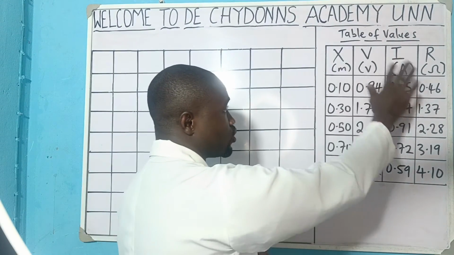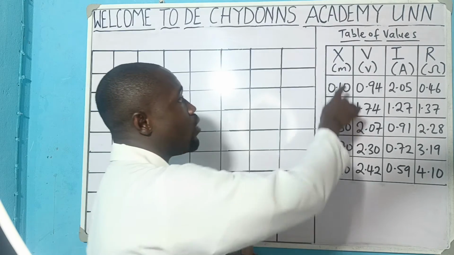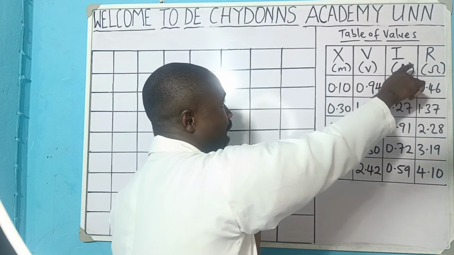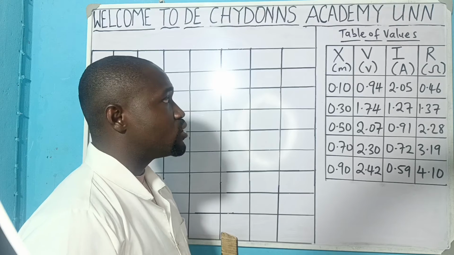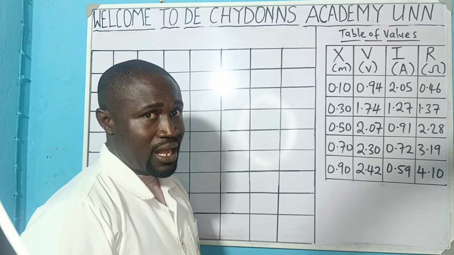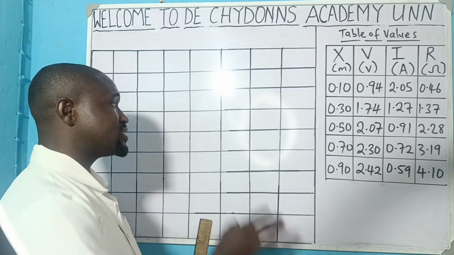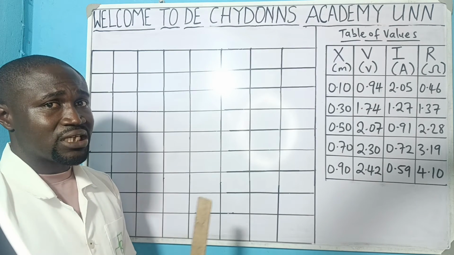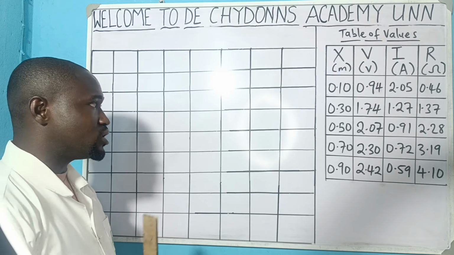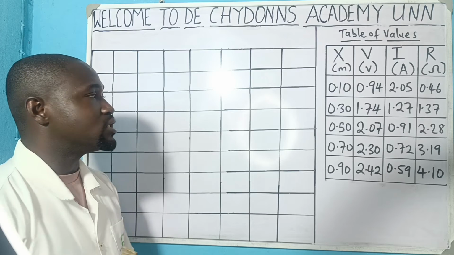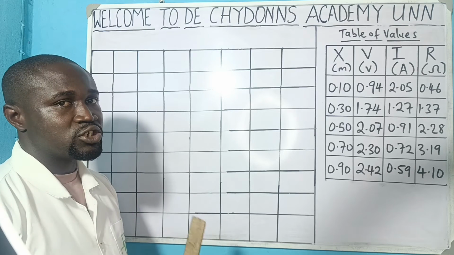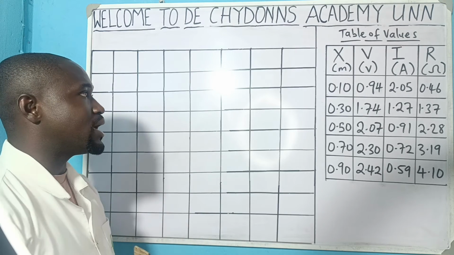These are the values we got from this experiment: our X, our V, our I, and our R. I want to see how we can plot them now on the graph. Remember that this is not a graph sheet. It's just a sketch of a graph sheet that will help us to see the nature of how the slope will look like.